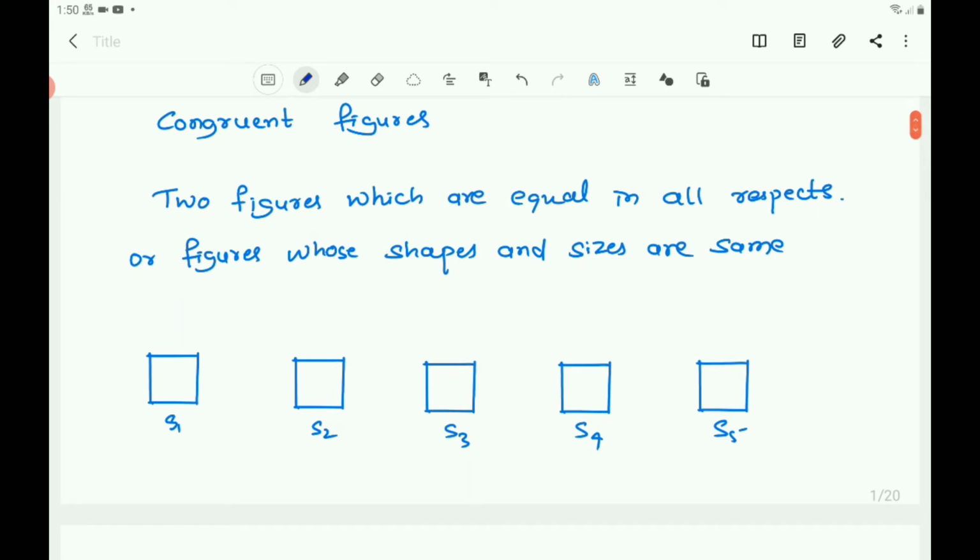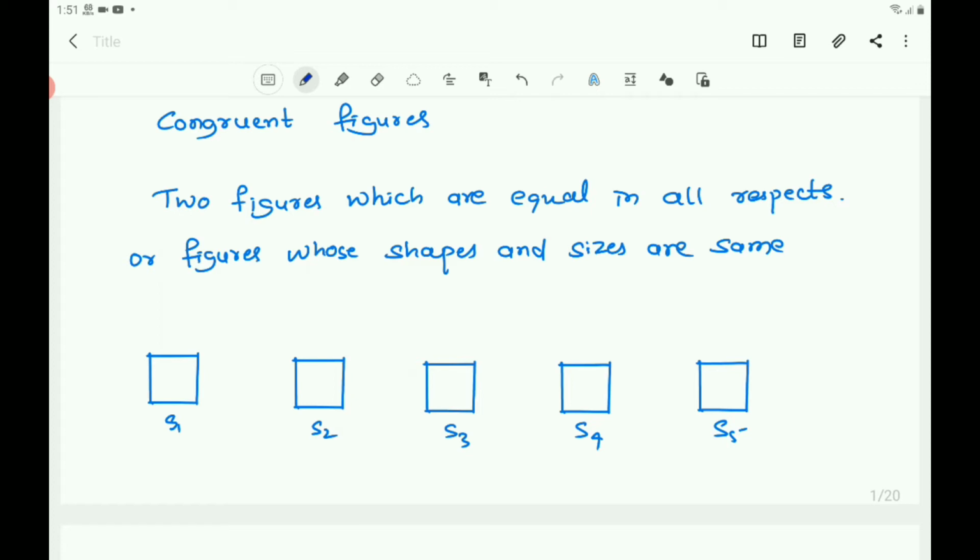All have the same shape and same size. Here all the sides are of equal length. S1, S2, S3, S4, S5 have the same measurement of sides. If you place one square on the other, they coincide with each other. They completely cover. This is the main property of congruent figures.